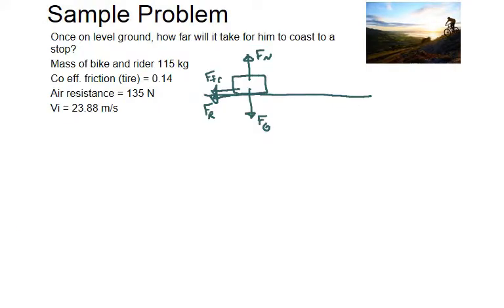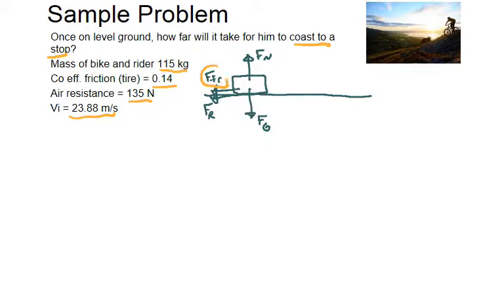Okay, so let's say now we're at the bottom, and we want to find out how far it's going to take for him to coast to a stop. So now at the bottom, we've got the mass of the bike rider, we have the coefficient of friction, and then we also have air resistance. The initial speed is 23.88. So what you're going to need to do now, you've got the normal force, force of gravity, right?